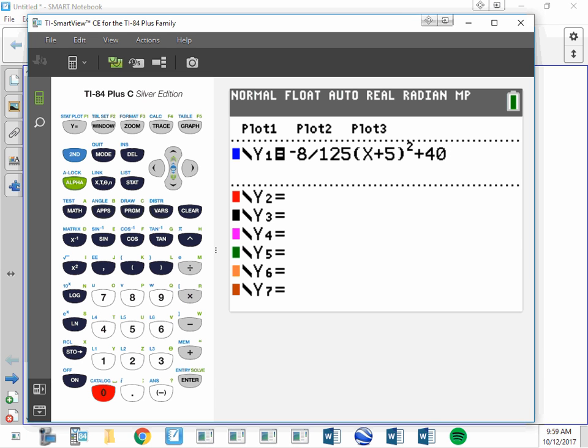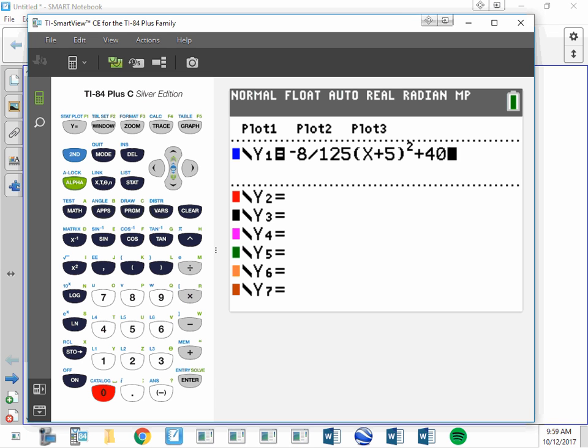So h of x is the height, and x is the horizontal distance. X equals 0 is the 50-yard line. And then x equals -20 corresponds to the punter's own 30-yard line.